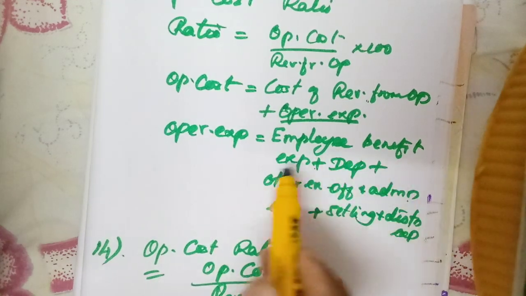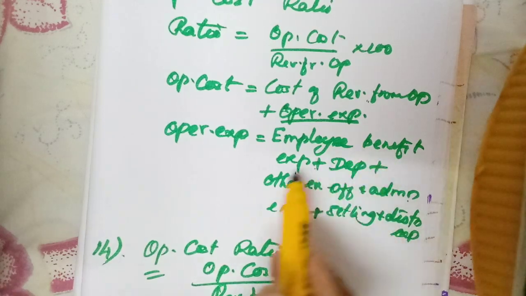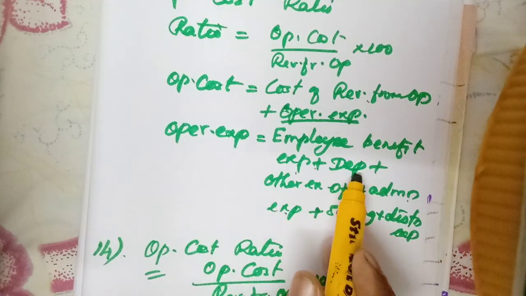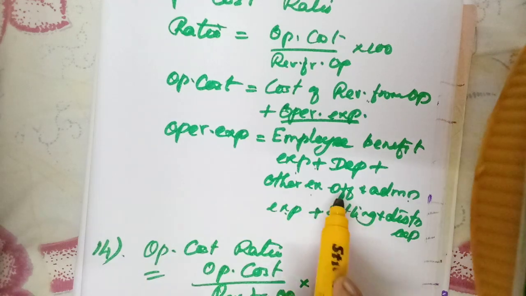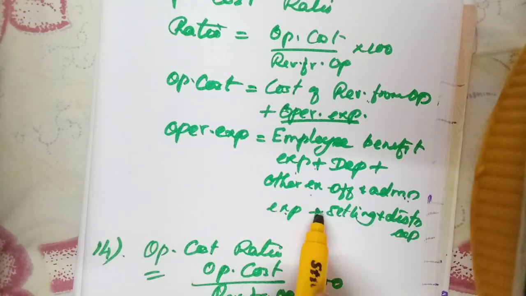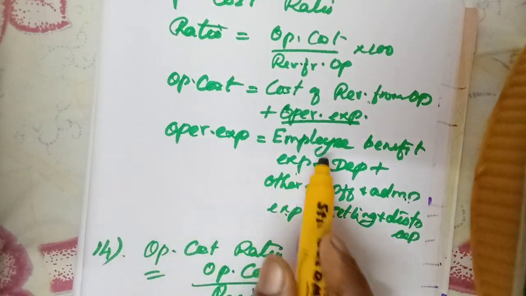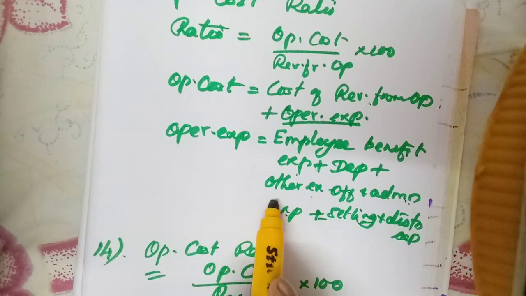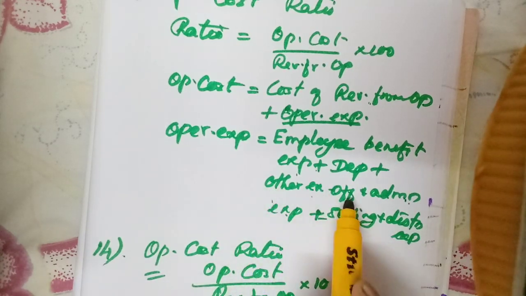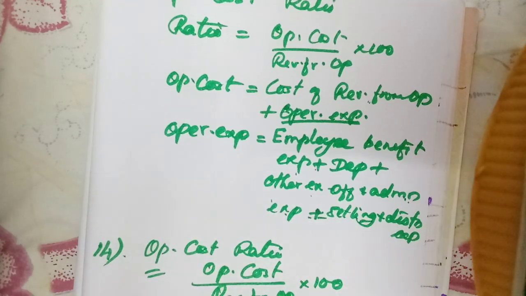Employee benefit expenses, you should remember that, plus depreciation, plus other expenses related only to office and administration and selling and distribution. Remember the operating expenses: employee benefit expense plus depreciation plus other expense, and in other expense, only office and administration and selling and distribution expenses.